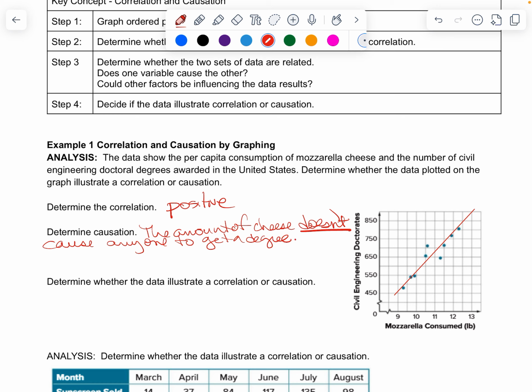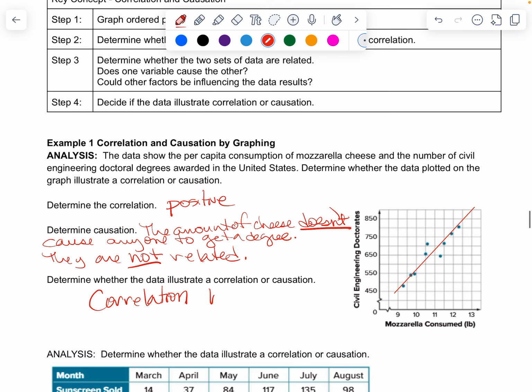Okay? These two sets of data are not related. Many factors can affect the increase in these two areas. And the data exhibits a correlation, so it does have a correlation, but no causation.